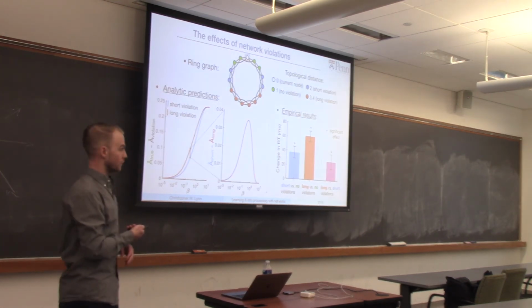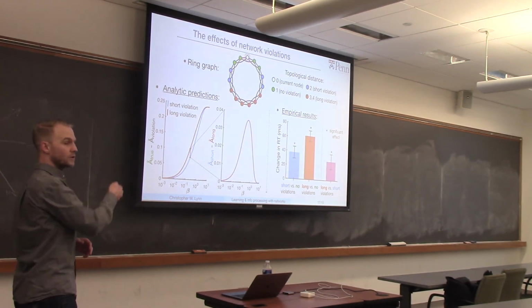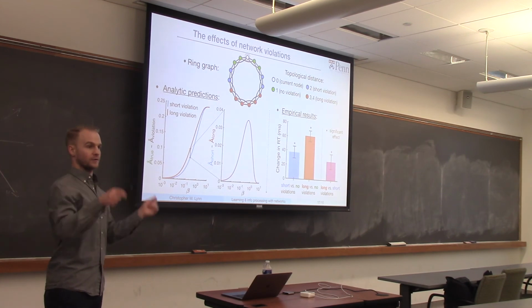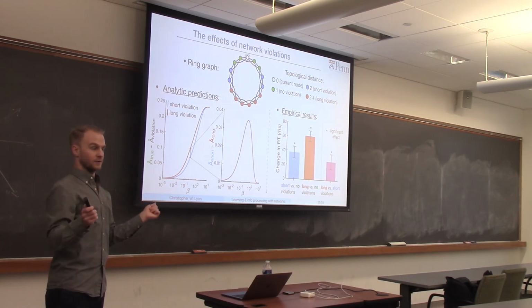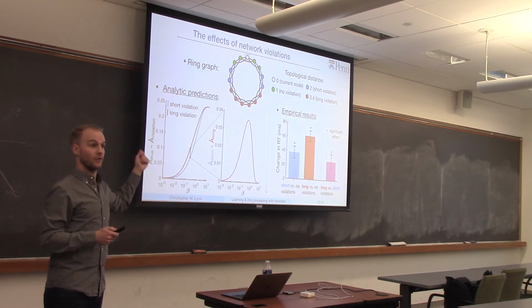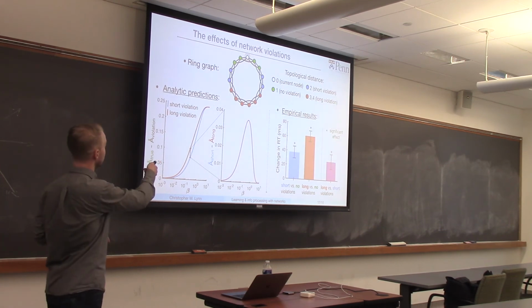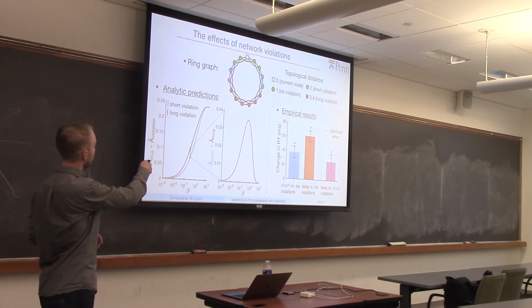I didn't talk about these results, and I won't get into it, but we ended up looking at this network, which is like a ring. Everywhere around this circle, each node is connected to its nearest neighbors and next nearest neighbors. This network has the exact same main property that we were looking at before: all of them have 4 connections. They're all connected to their neighbors and the ones 2 hops away.